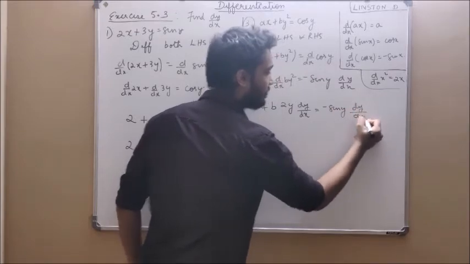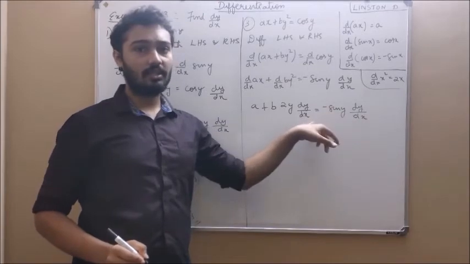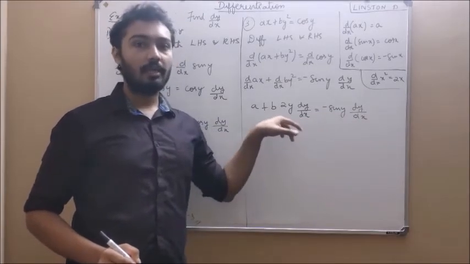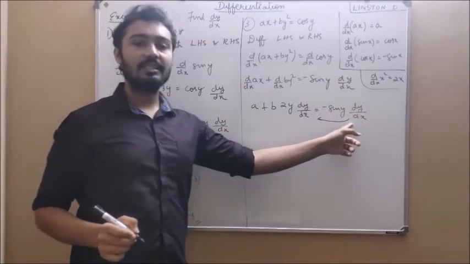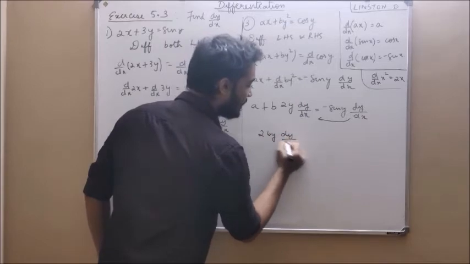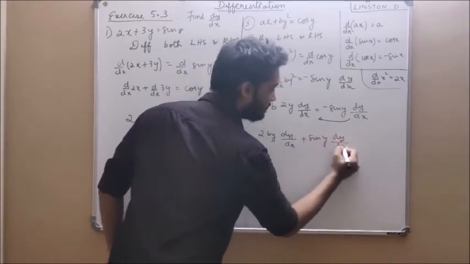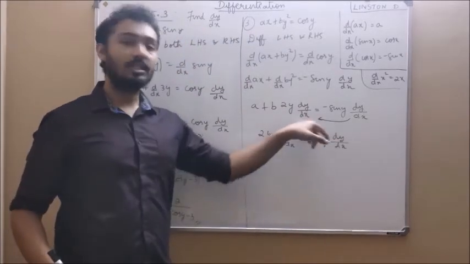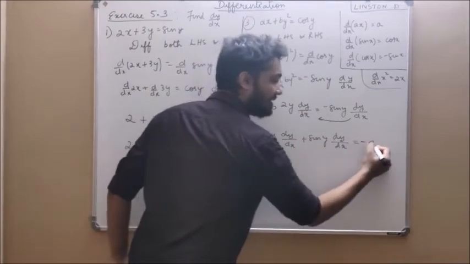Now there are two dy by dx terms. Take this together and replace the other terms. So take this dy by dx terms to the other side. So it is 2by dy by dx plus sin y dy by dx. I took the dy by dx terms together. Take this to the other side. So it is equal to minus a.